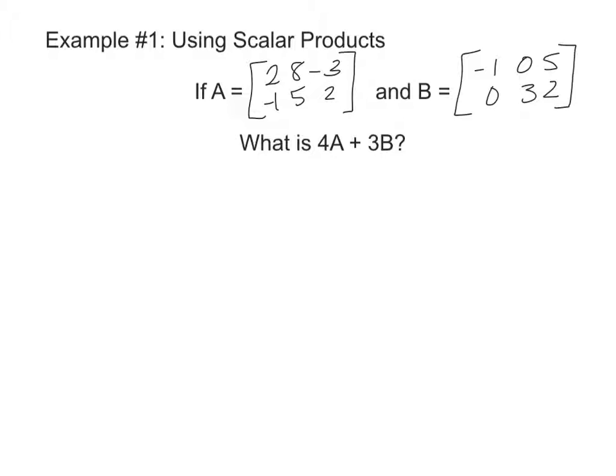So in our first example, we have A and B, and we are asked to find what is 4A plus 3B. So first we need to find 4A. So that's 4 times the matrix A. So 4A would be 4 times 2, 4 times 8, 4 times negative 3, 4 times negative 1, 4 times 5, and 4 times 2.